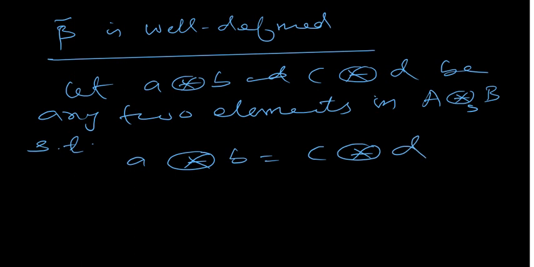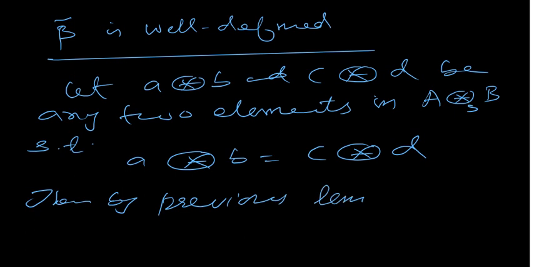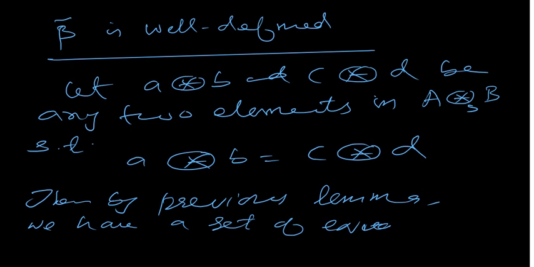Then by the previous lemma, we have a set of equations of type star, because we have seen that whenever the tensors are equal, then we have those equations of type star that we proved in the previous lemma.